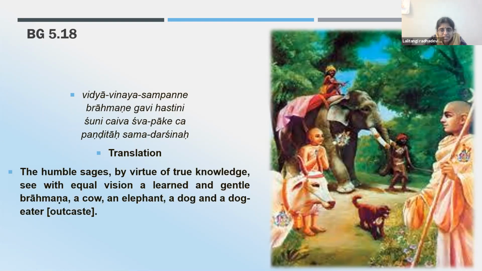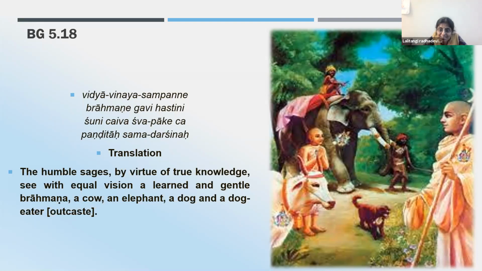If a person is knowledgeable and wise, then he will automatically be humble. The humble sages, by virtue of true knowledge, see with equal vision a learned and gentle Brahmana, a cow, an elephant, a dog, and a dog eater. Because Prabhupada says in the purport that he sees them first of all not as their body but as spirit souls, and second he sees the presence of the Supersoul.